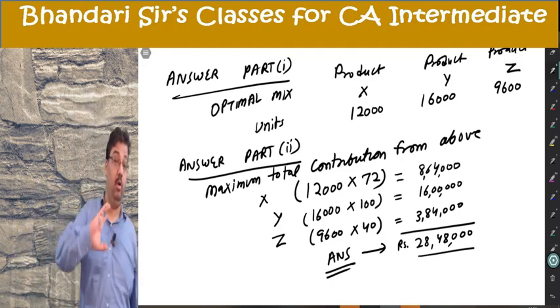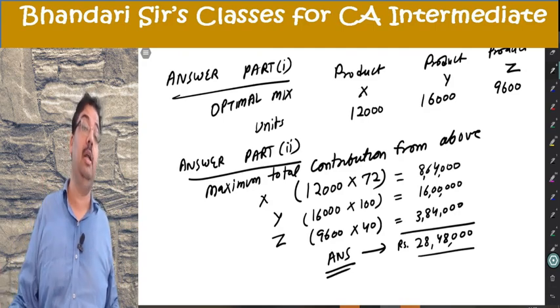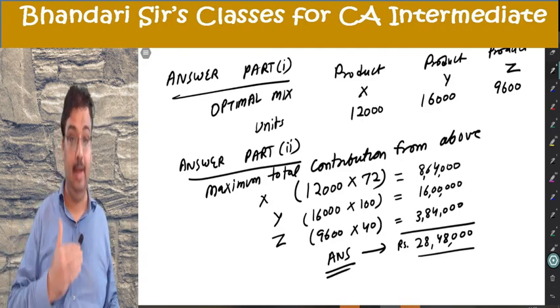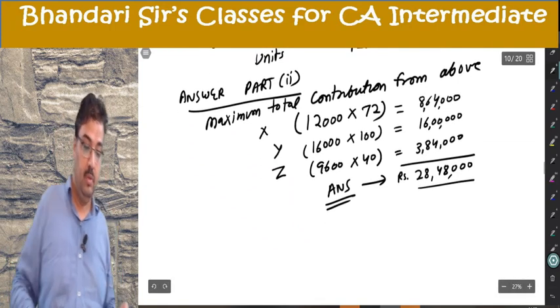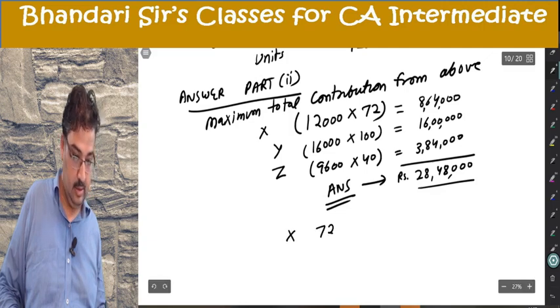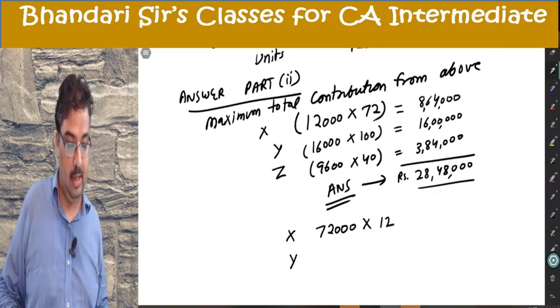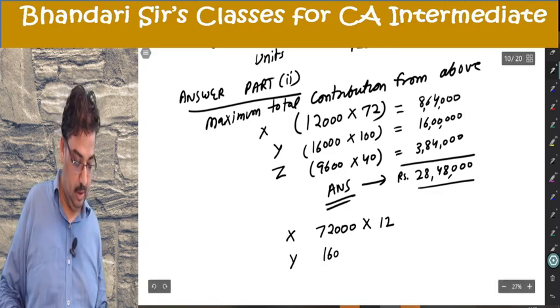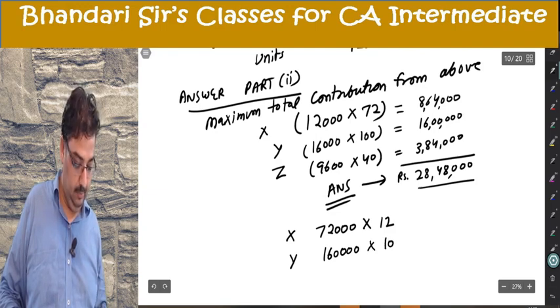There is an alternative also here. You could do it with hours. Hours multiplied by contribution per hour and add. Your answer will be the same. I can do that alternative for you. Hours I have allocated for X, 72,000 multiplied by 12. For Y, hours that I allocated 1,60,000 multiplied by 10.